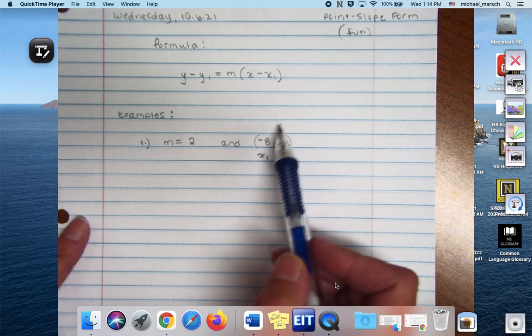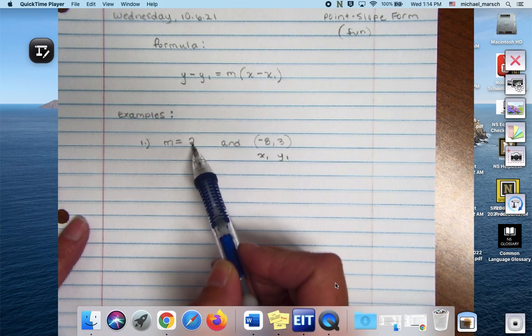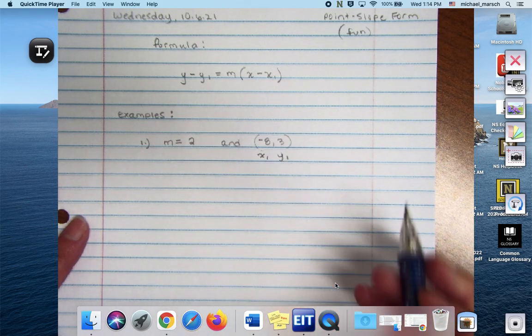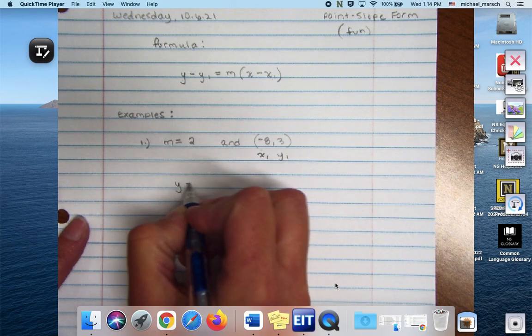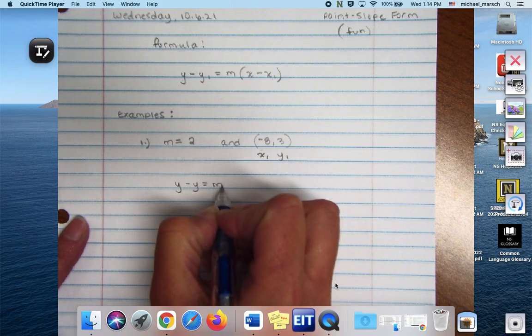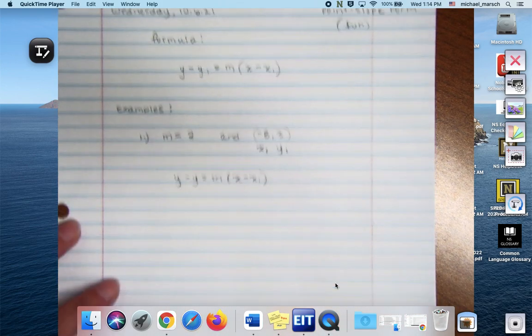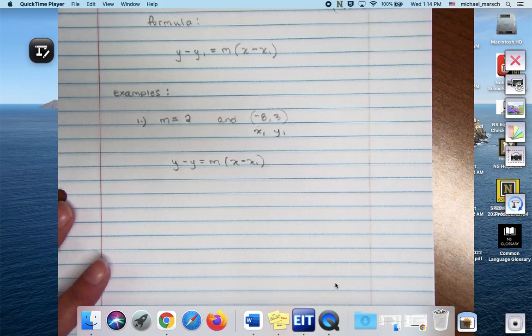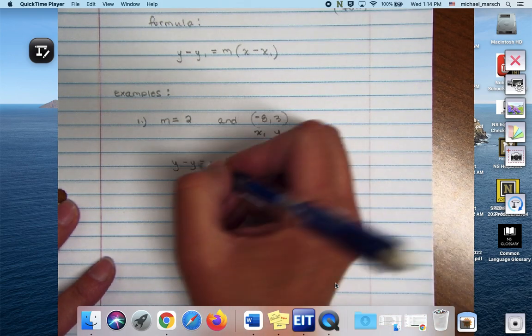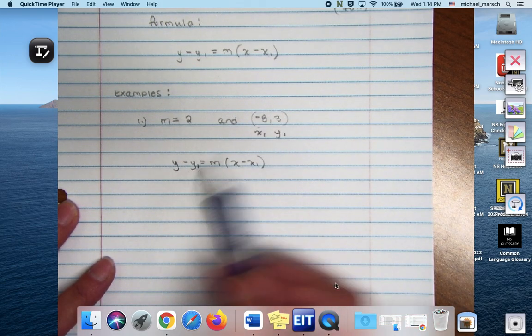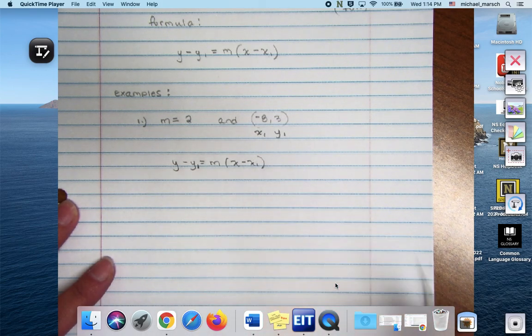So I'm going to take these values, the 2, the x1, and the y1, and I'm going to put them into this formula. So I'm going to rewrite the formula. Y minus y1 equals m times the quantity x minus x1. And I'm going to put these where the y1 is and where the x1 is.